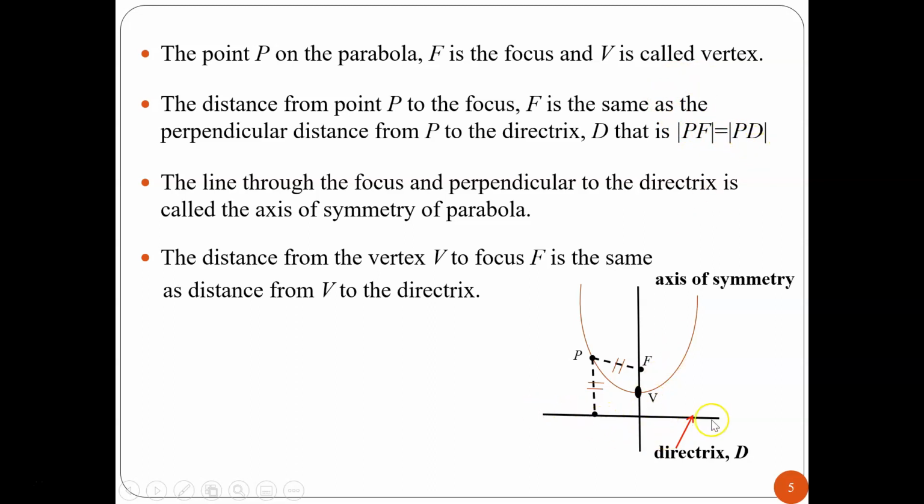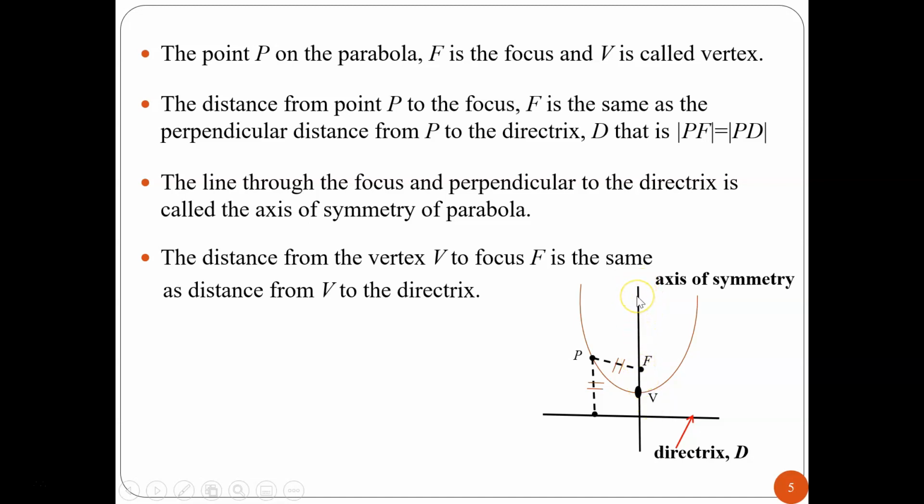So where is your D? This is D, the directrix. There is a straight line below this U shape, below our parabola. So the distance is the same. The line through the focus and perpendicular to the directrix is called the axis of symmetry of the parabola. So the one in the middle we call the axis of symmetry.